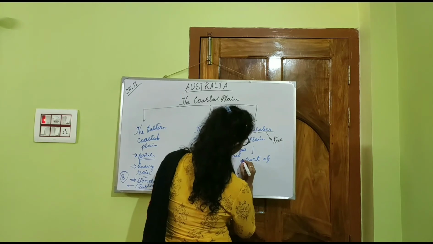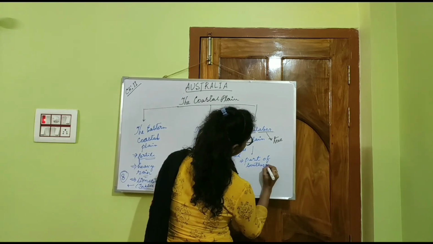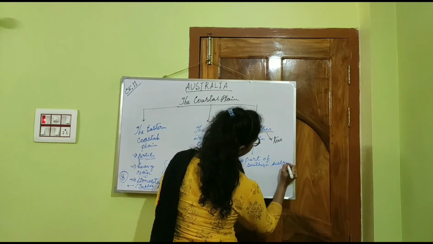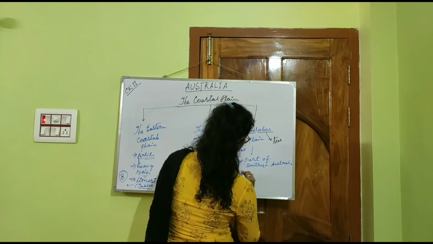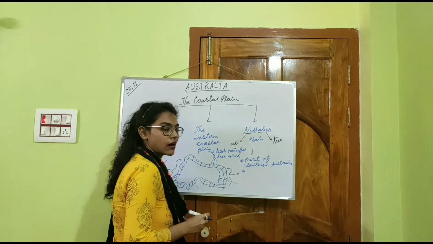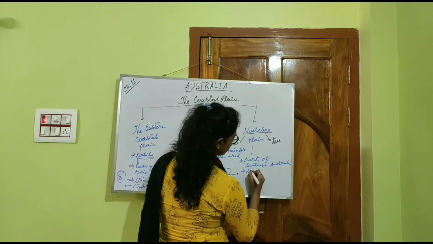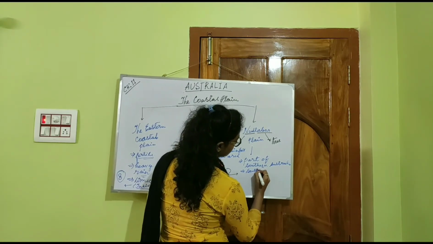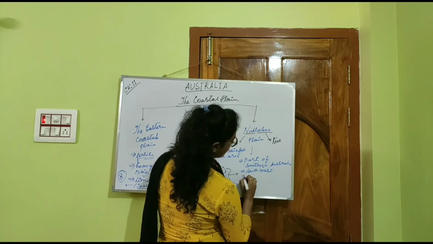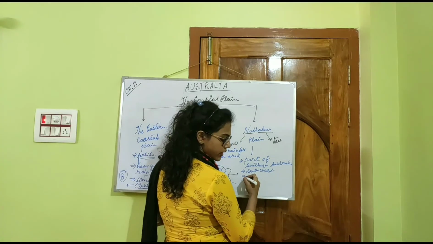The Nullarbor Plain is a part of southern Australia. It's totally located on the south coast, and it's a treeless area.